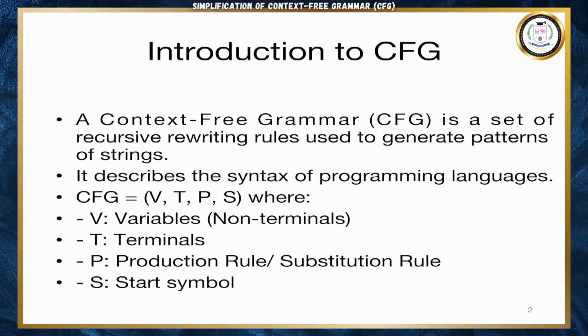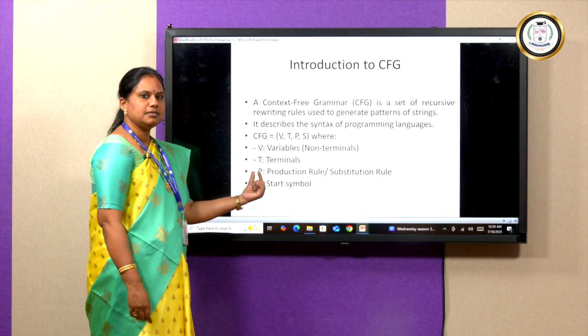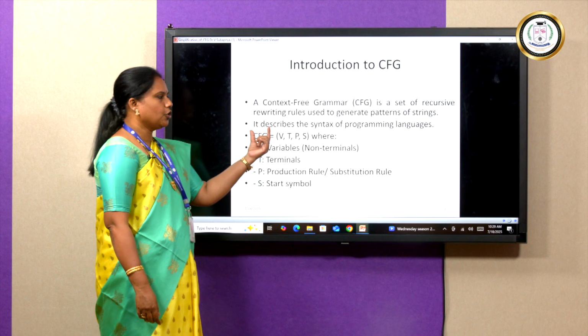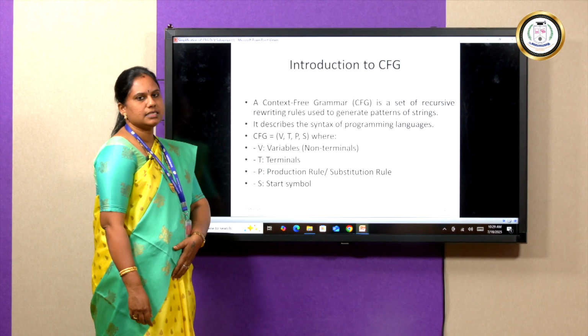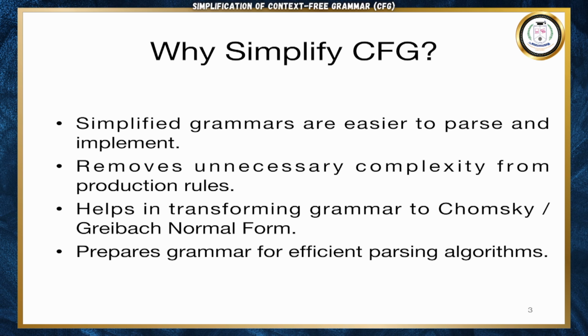P is a production rule or a substitution rule, and S is the start symbol. Initially, the start symbol is the left-hand side non-terminal of the first production; we call it the start symbol.